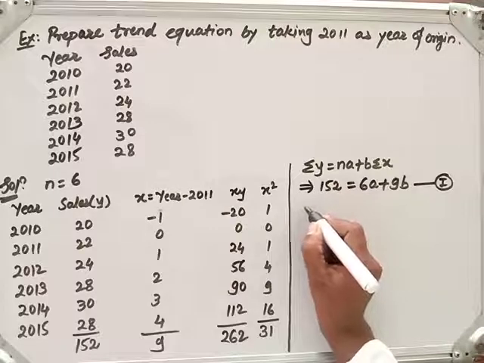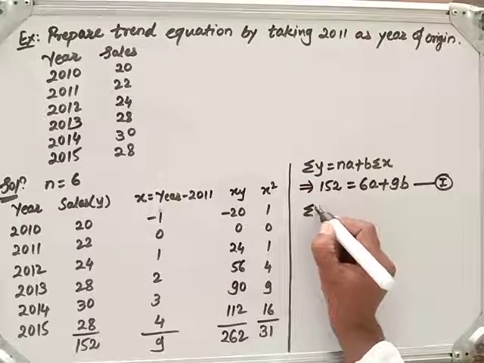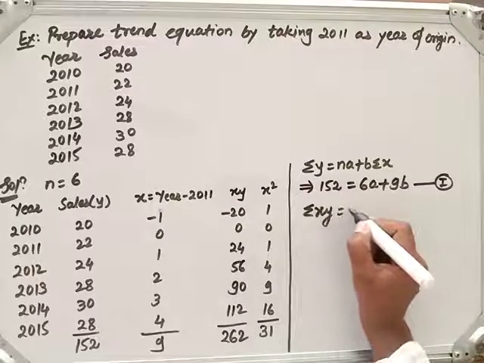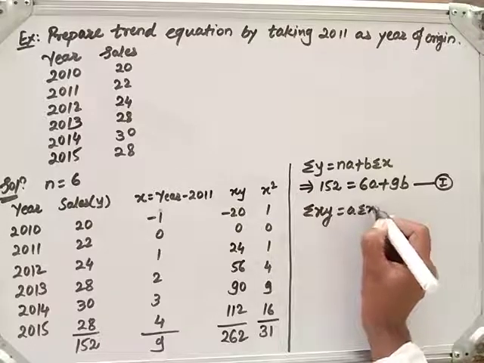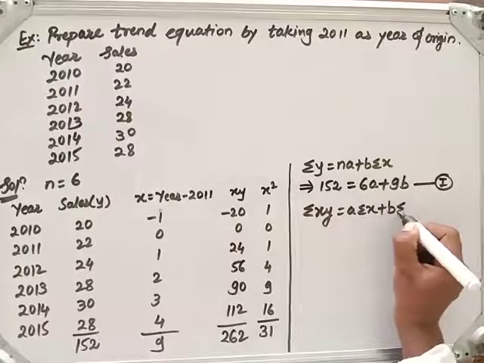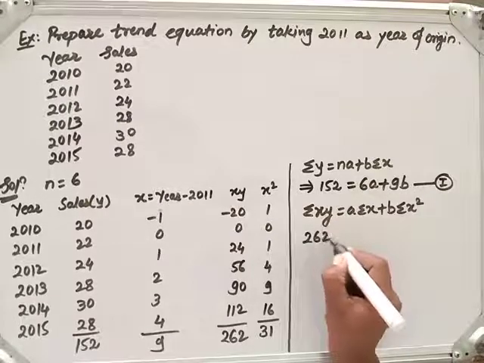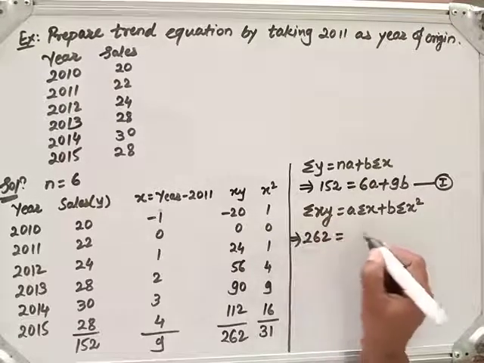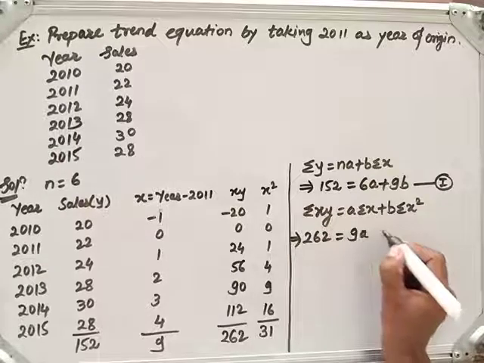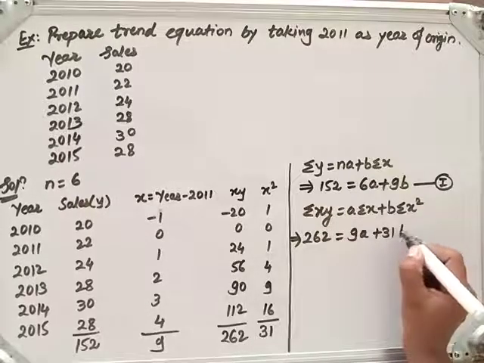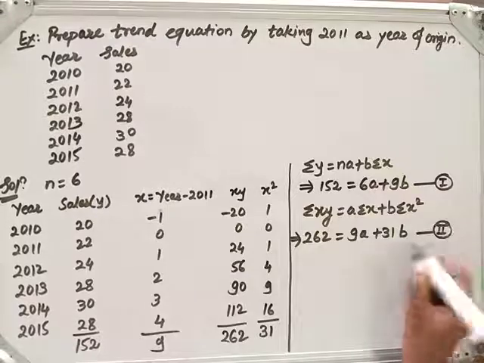Then summation xy equals a summation x plus b summation x square. This is another equation, right? So summation xy is 262 equals 9a plus 31b. Call it equation number 2.